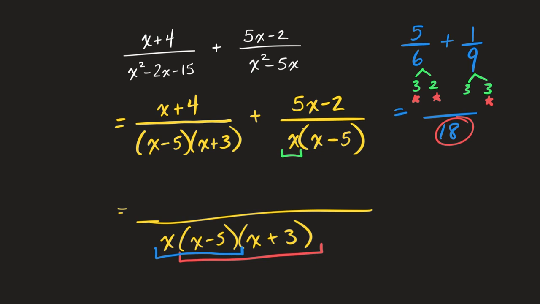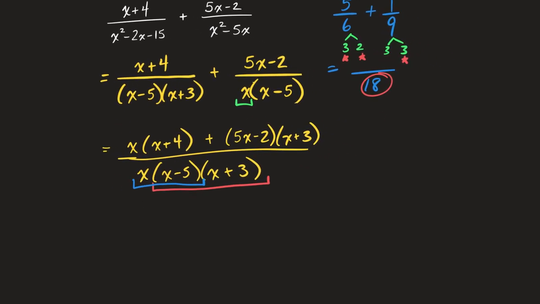And now by doing that, I only have to multiply the first numerator by an x. I don't have to multiply it by another x minus 5. I'm keeping my expressions as small as I can. Now I only need to multiply the second numerator by an x plus 3.